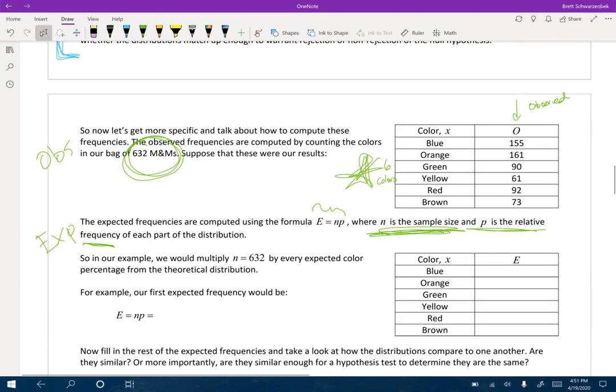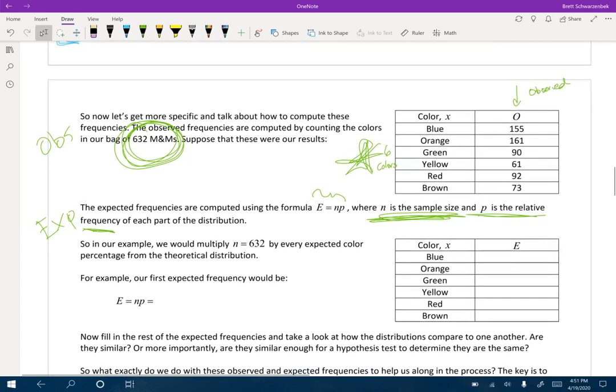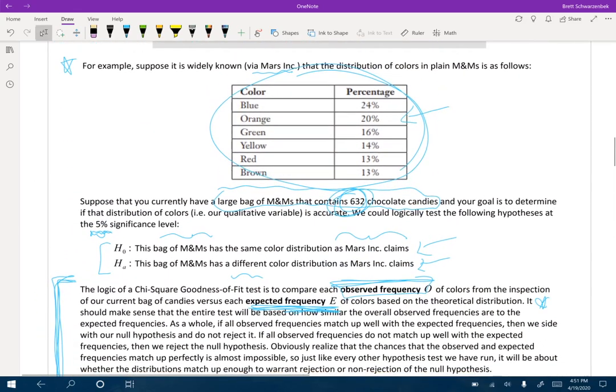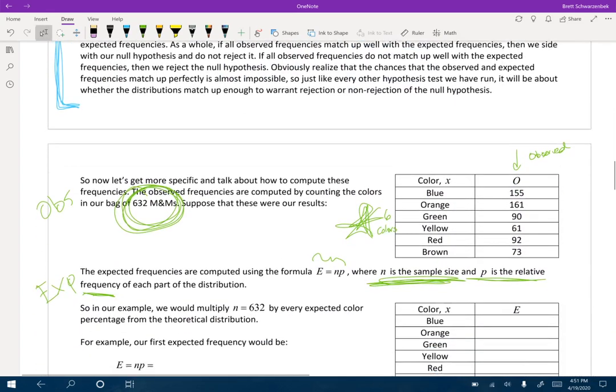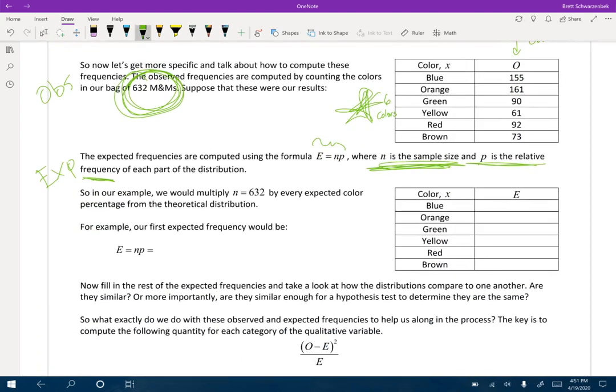The sample size is 632, and that will be the N you use in every single scenario. What are the relative frequencies? P, the relative frequencies, are the percentages claimed by Mars Inc. So we're taking the value 632 and multiplying by these percentages to find the expected counts. I would assume most of you know that already, but hopefully you know that logic.